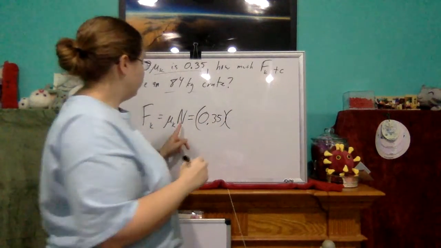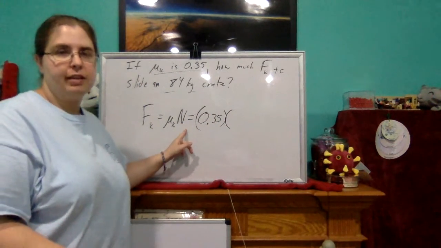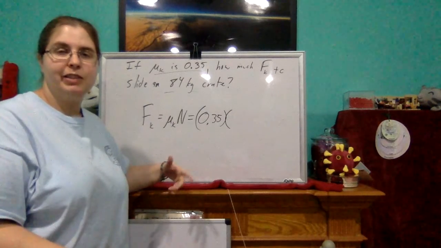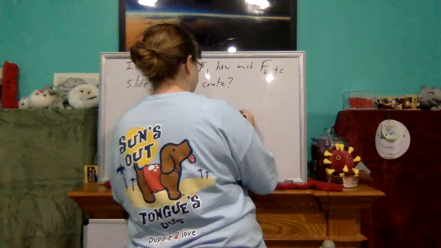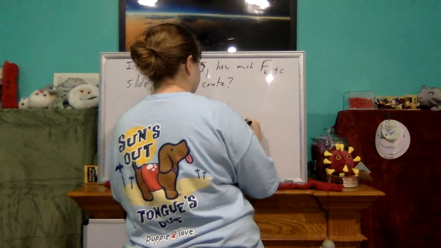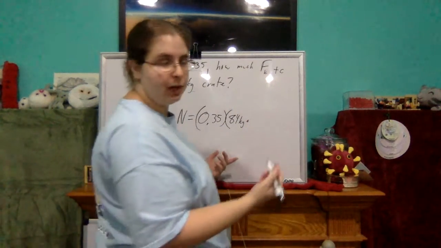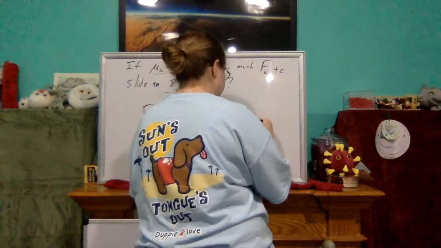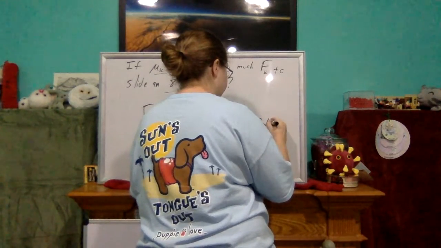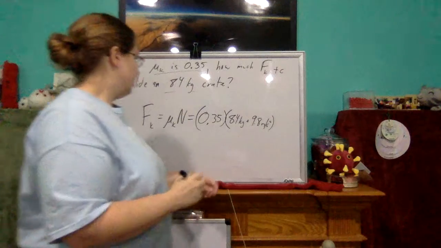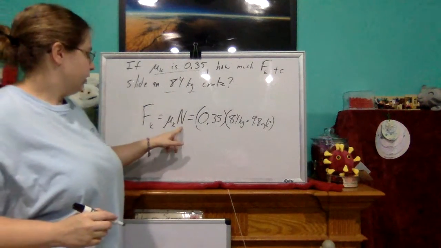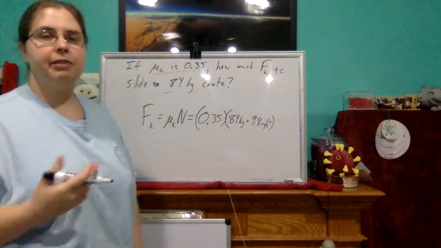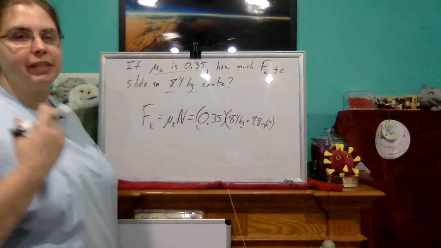And we know we can find the weight if we have the mass times the acceleration of gravity. Well, they give us the mass, 84 kilograms, times the acceleration of gravity, which is 9.8 meters per second squared. So even though they didn't give us the weight, because they gave us the mass, we're able to figure it out.